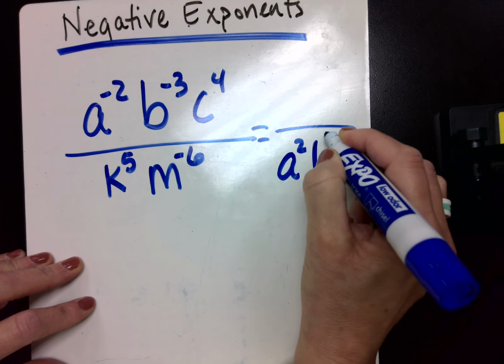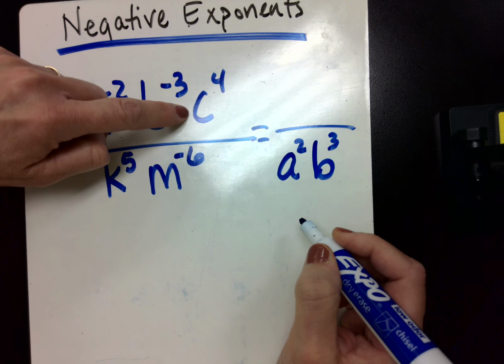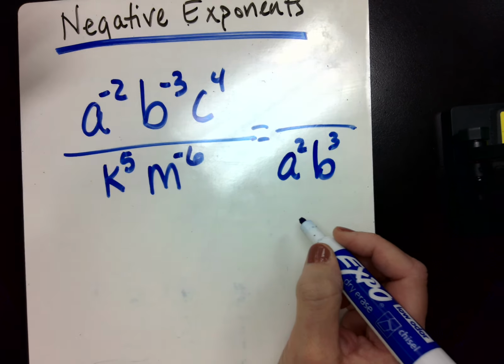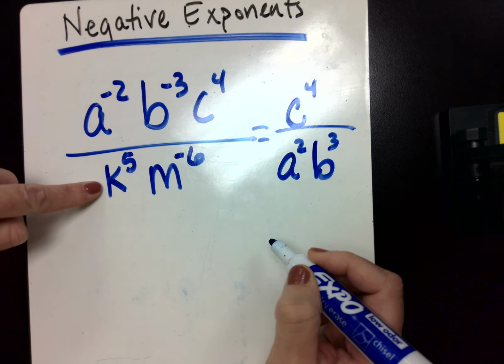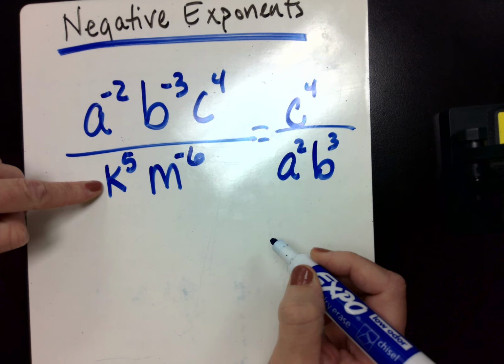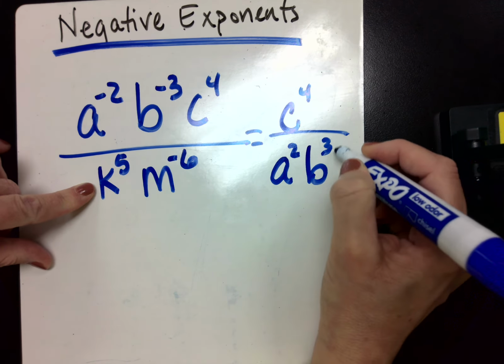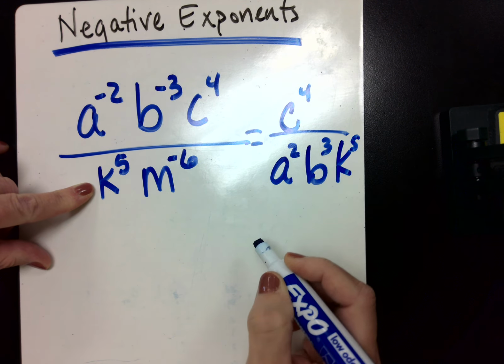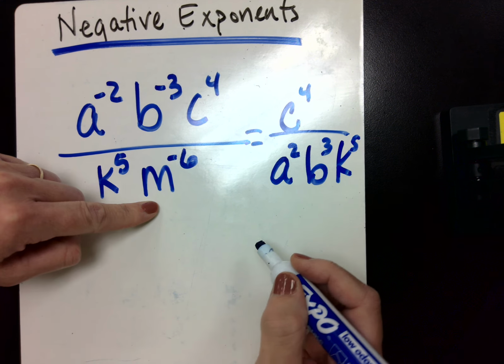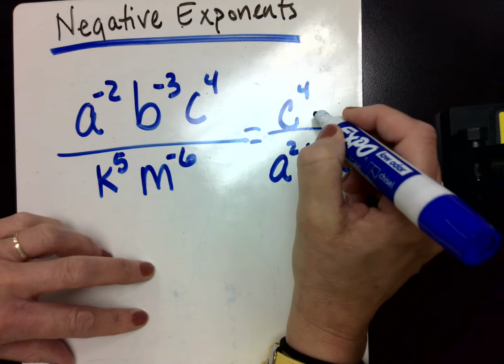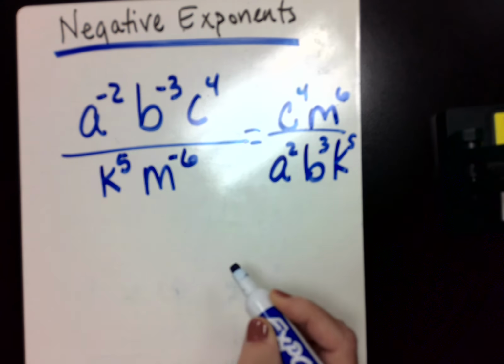So I'm going to have b cubed on the bottom. The c to the fourth has a positive exponent, so it's not going to move. It's going to stay on top. The k to the fifth has a positive exponent. It's on the bottom, so it stays on the bottom. The m to the negative sixth has a negative exponent. It's on the bottom right now, so it's going to move to the top because of that negative exponent. And I'm done.